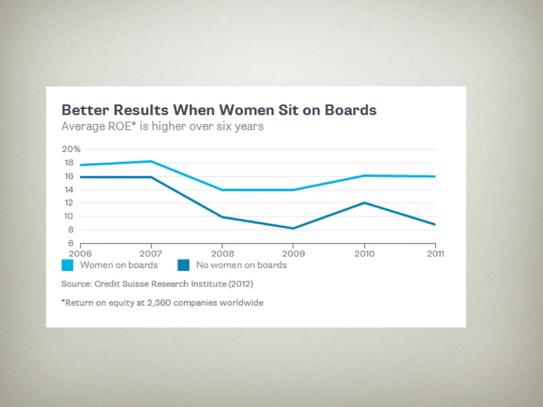So here, on this particular slide, you can see better results when women sit on boards. A board, et donc c'est le conseil de direction. Et on peut voir comment il est important d'avoir un conseil qui est hétérogène en termes de genre, mais hétérogène en général, aussi en forme de culture, parce que ça apporte une vue différente, une perspective qui peut surprendre.